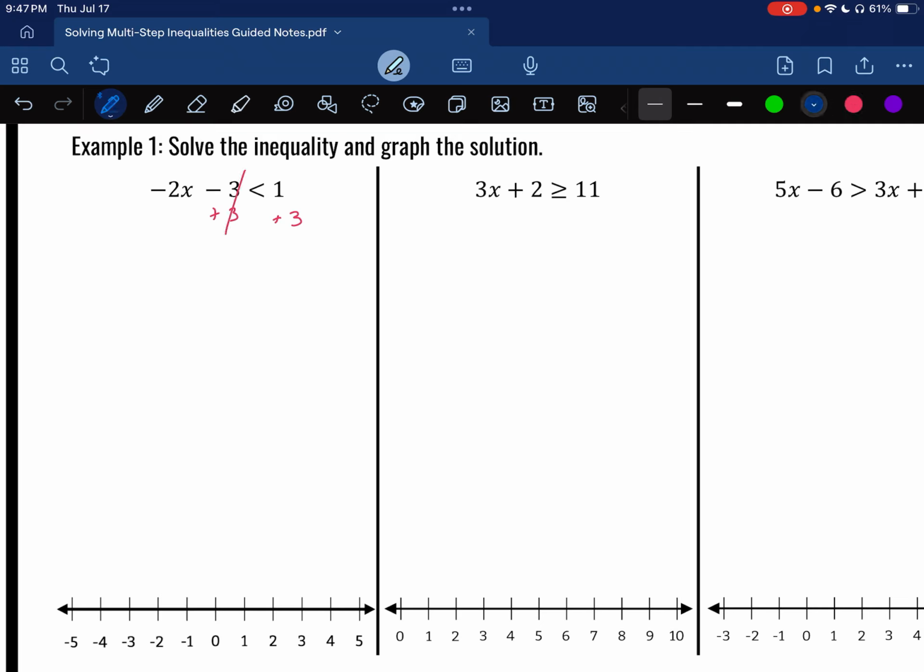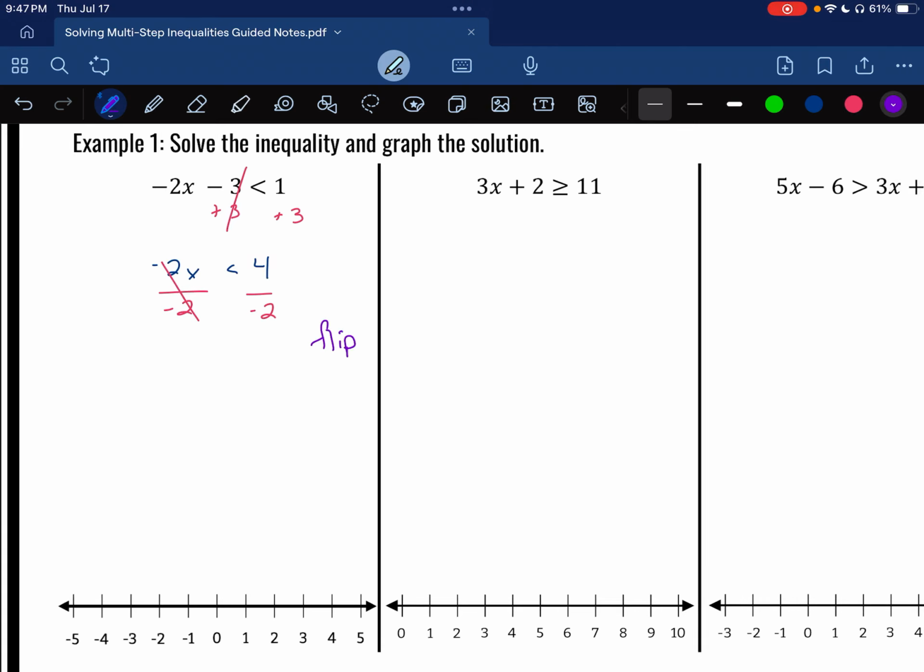Then we are going to have negative 2x minus 4. And now we're going to divide both sides by negative 2. But because that is a negative, we're going to flip the sign. And so now we're going to have strictly greater than. So this will be x is greater than negative 2.